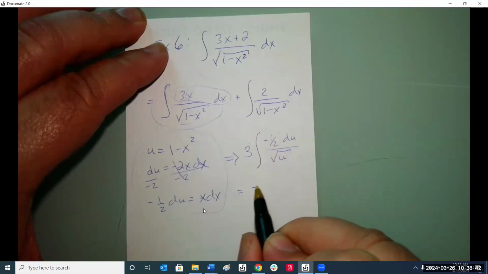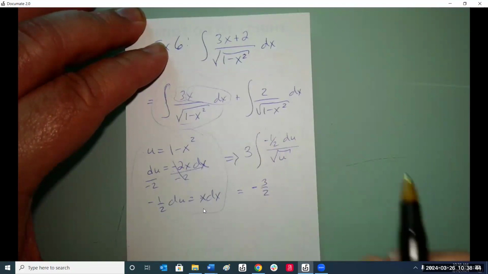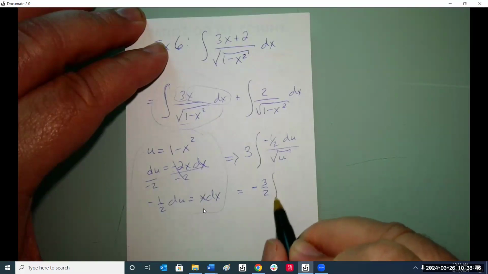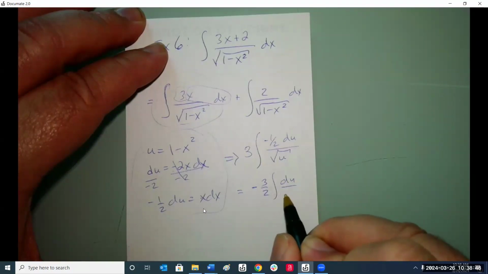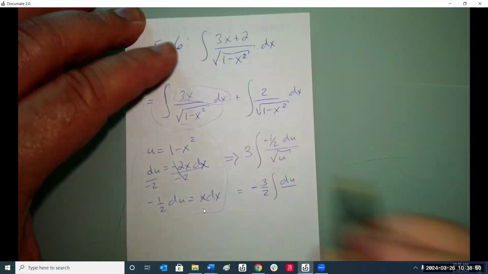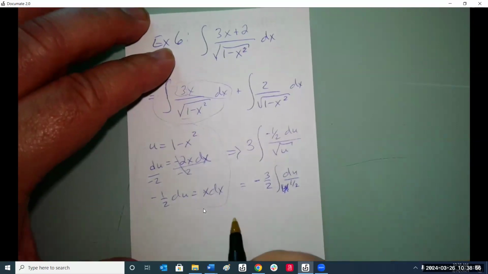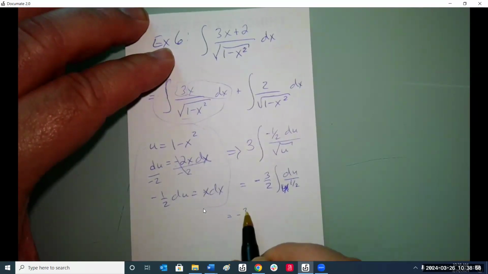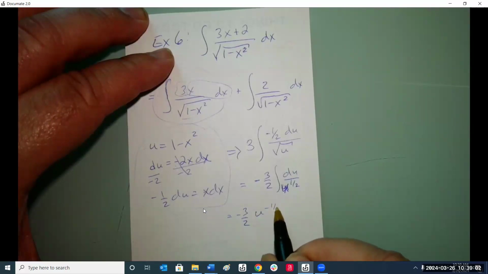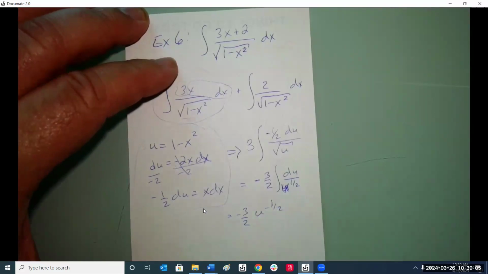So that becomes -3/2 integral du over, convert this to u to the power 1/2, which becomes -3/2 u to the power -1/2.